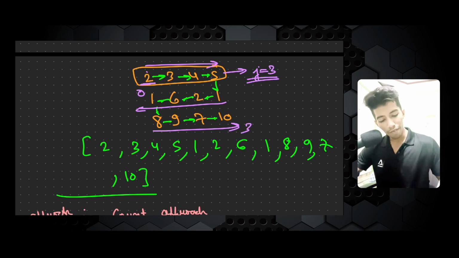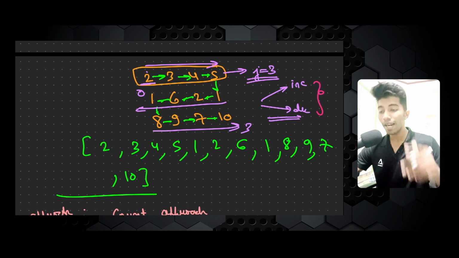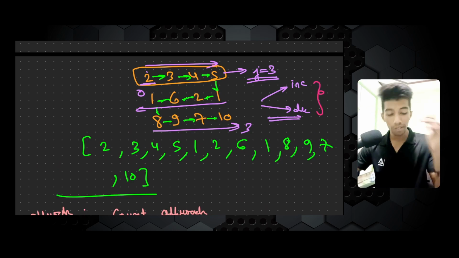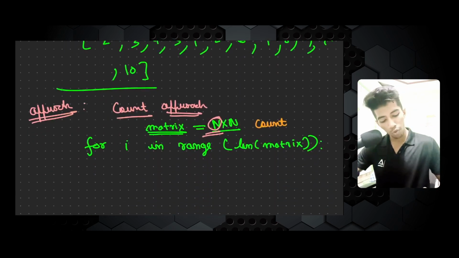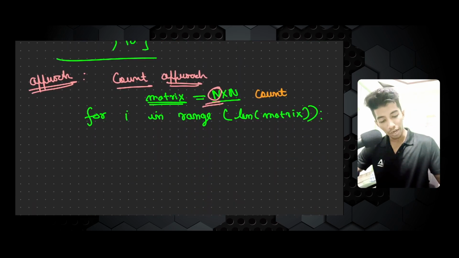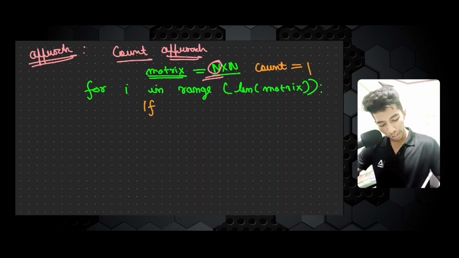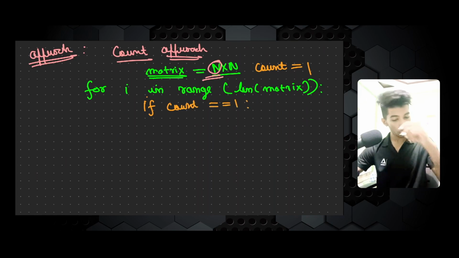To tell whether I have to increment or decrement the value of J, I will use the count approach or the flag approach here. I will just create count as 1. So I will check for the condition: if my count is equal to 1, then what you have to do?